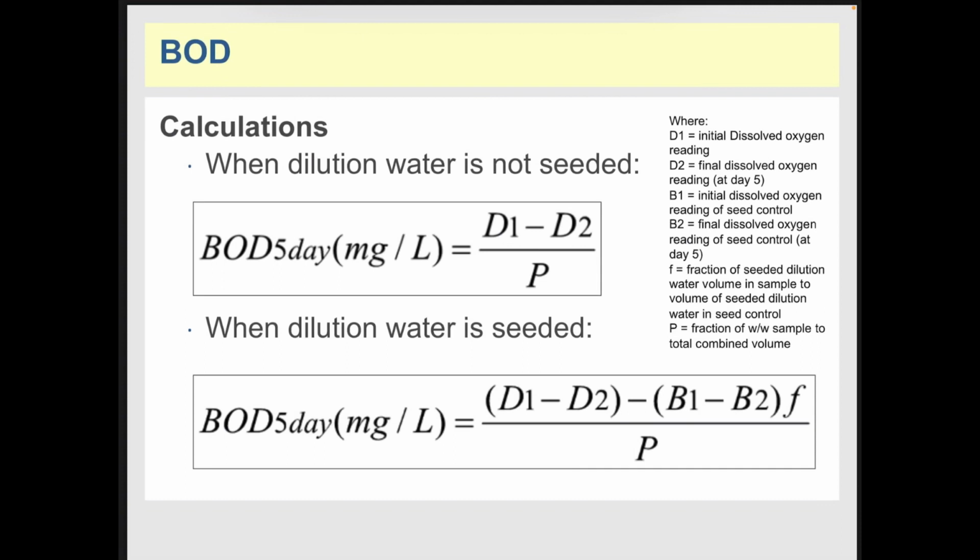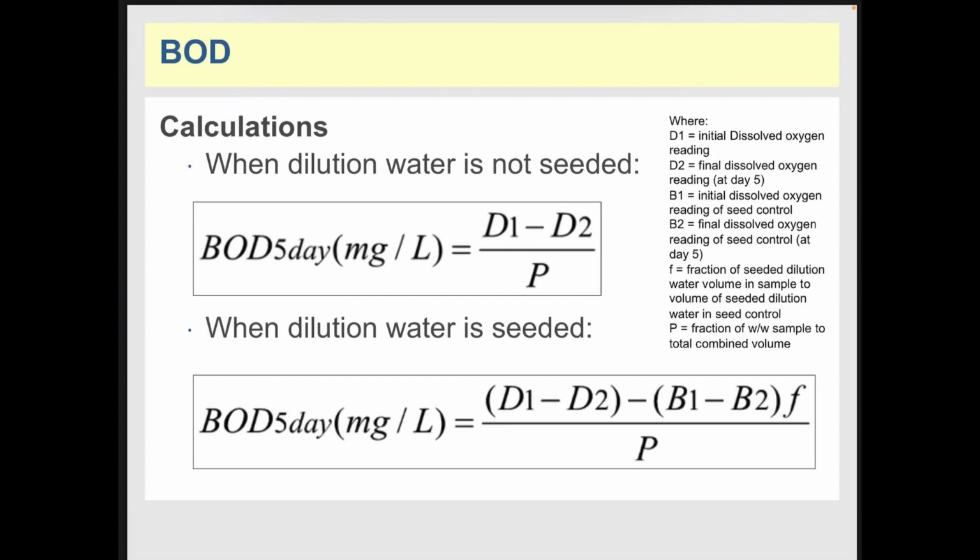This P is the fraction of the water sample to the total combined volume. The water sample is diluted with water, which is why it is called dilution water. The water sample is given more water to be diluted before it is subjected to incubation.